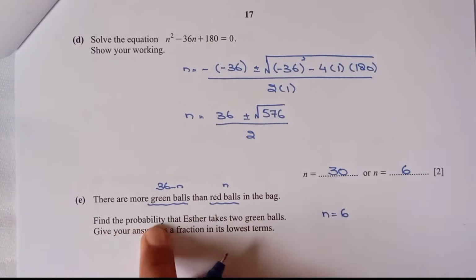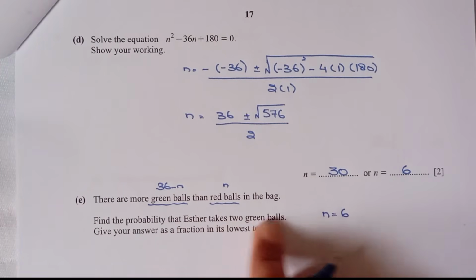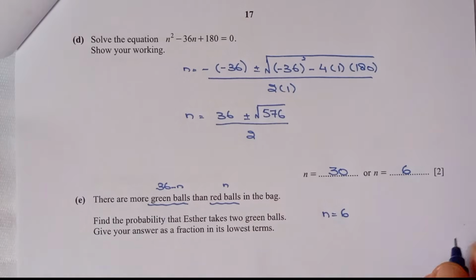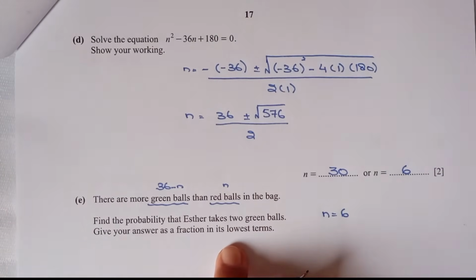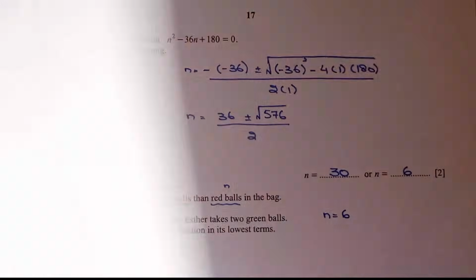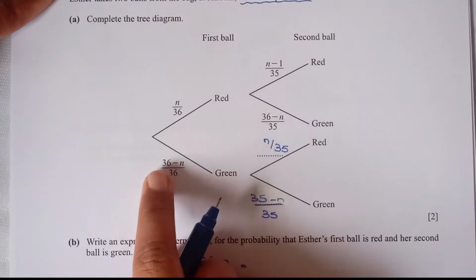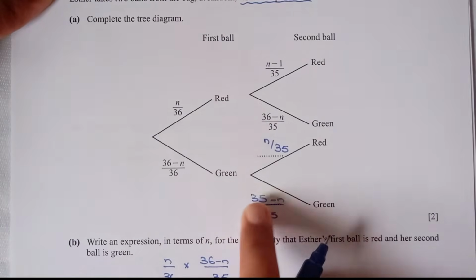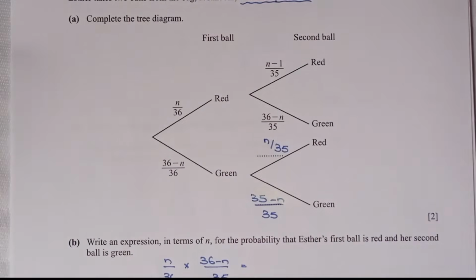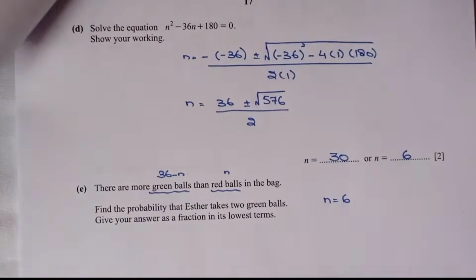Find the probability that Ether takes 2 green balls. Give your answer as a fraction in its lowest form. Okay, so 2 green balls. n would be equal to 6. So what is the probability for green? 36 minus n over 36, 35 minus n over 35. So let me write it down.